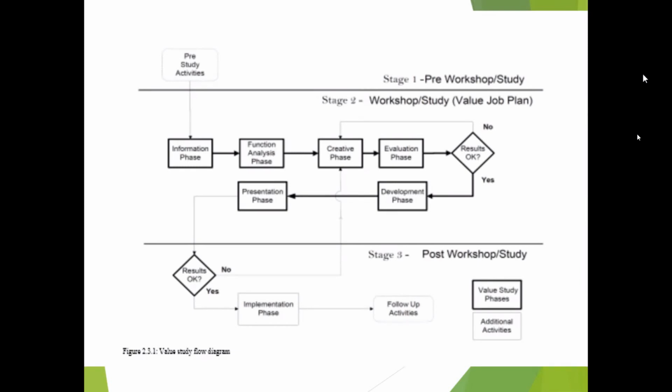And identifying project objectives and constraints, defining the scope of the workshop, like that. Yes, that also partly can be there or partly can be during the information phase. So what is the purpose for which we are going to do the value engineering?